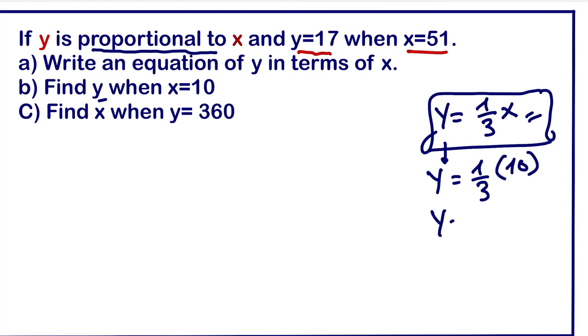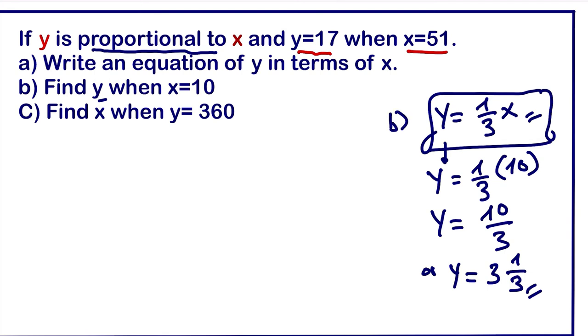So this will give us 1 times 10 is 10 over 3. We can write it in this form of a fraction, or this can also be written as 3 1/3. So this is our answer for B.